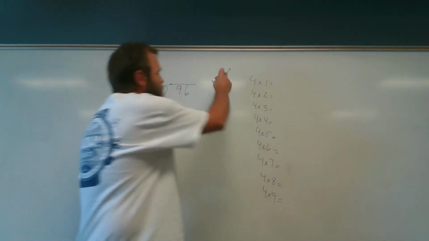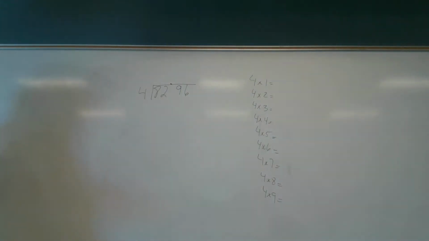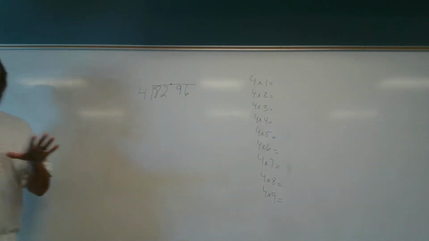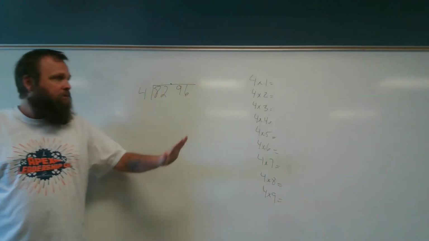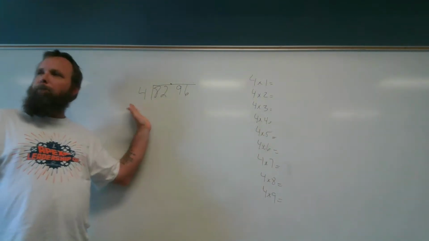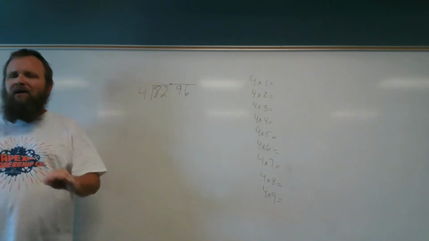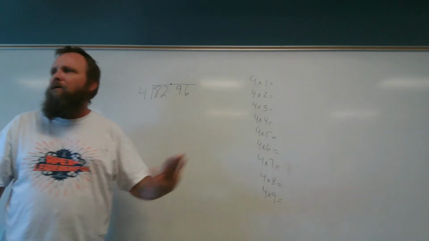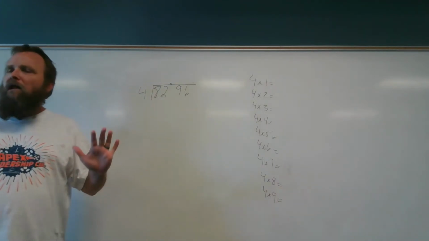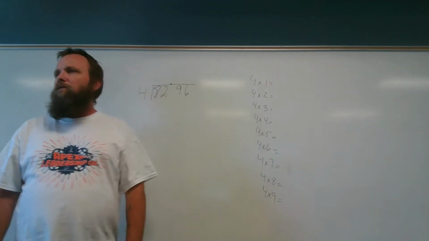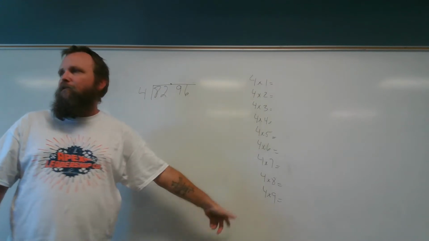Okay, so if I list my multiples of my divisor, now this is what's going to drive me crazy today, or has already driven me crazy, is you guys are going to be like, boom, knock this one out of the park. We'll do another one that's pretty easy that we'll work together, and then when you guys have some to do on your own, I don't know how to do this. And I'll say, well, did you list the multiples of your divisor?